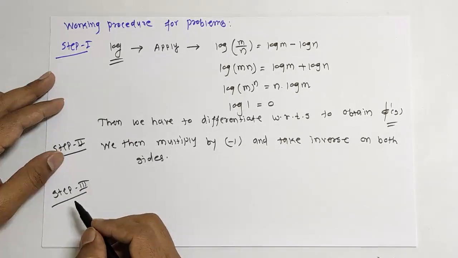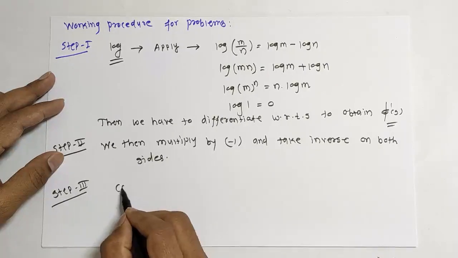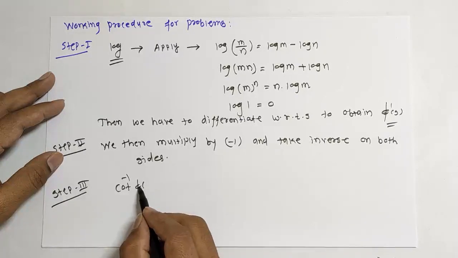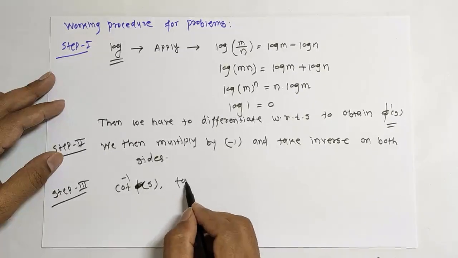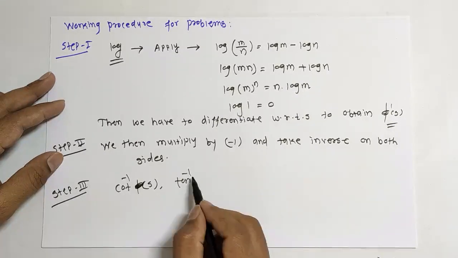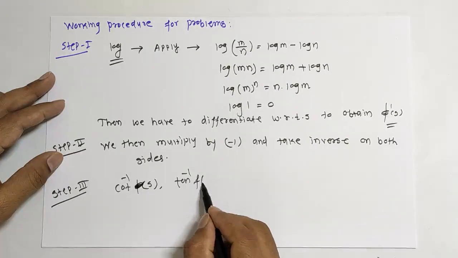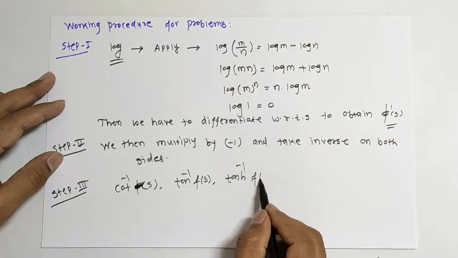Step number 3, in case of inverse functions, meaning cot inverse of some function of s, or tan inverse of some function of s, or tanh inverse of some function of s.